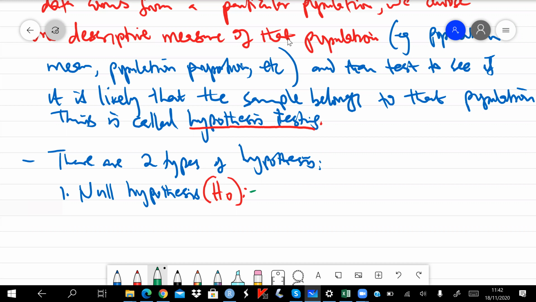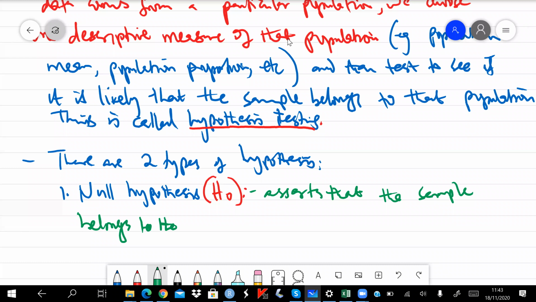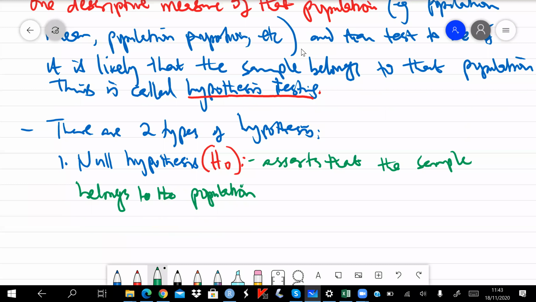And this hypothesis asserts or claims that the sample belongs to the population. That's what we call the null hypothesis.